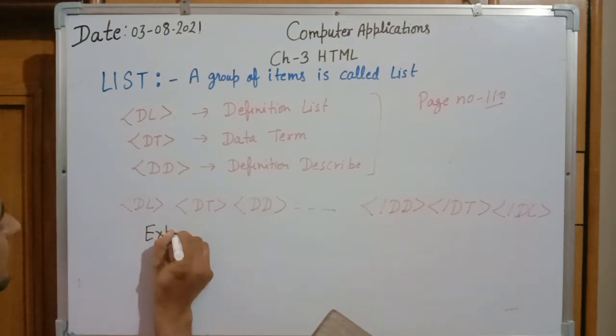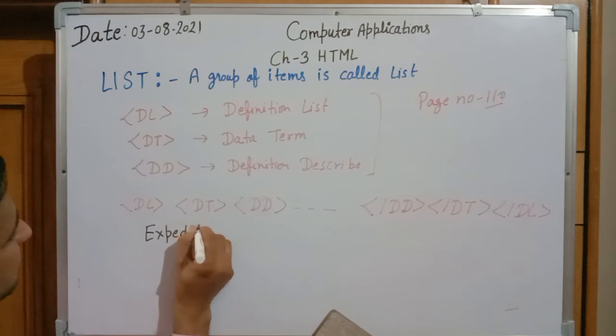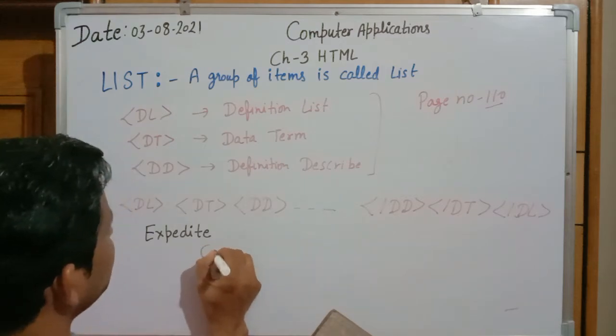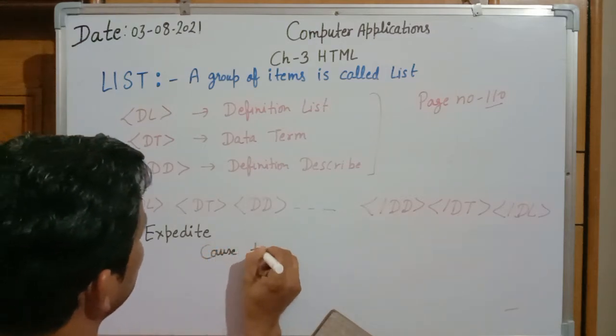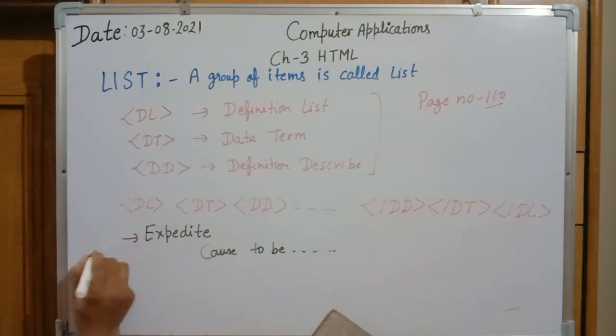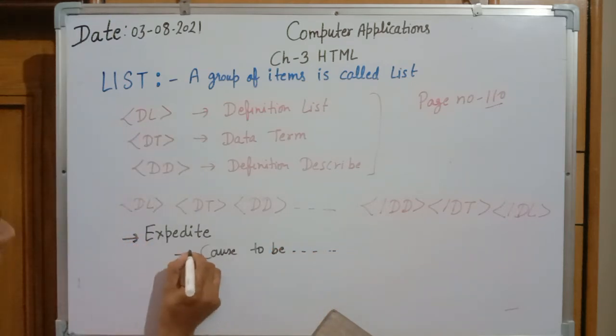So what will the output be? It will make a data term, expedite. It is the data term. Afterward, they have written the data definition. What have they written? Course to be accomplished more quickly. It is the definition of this term. It is the data term, and it is the data description or definition description.